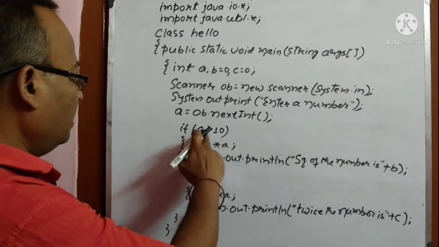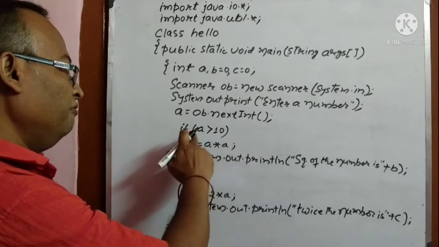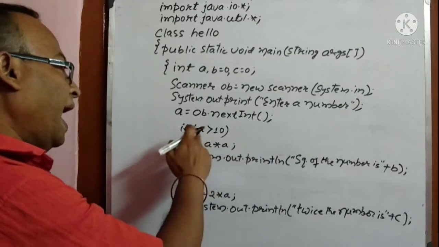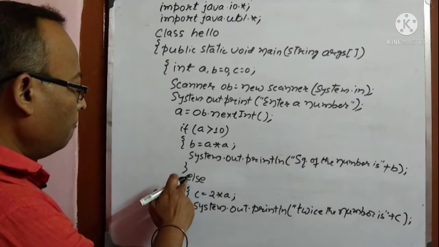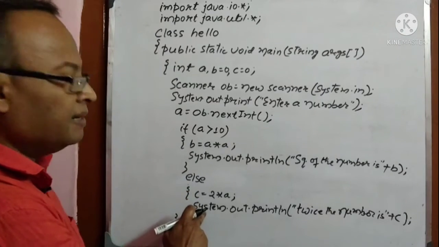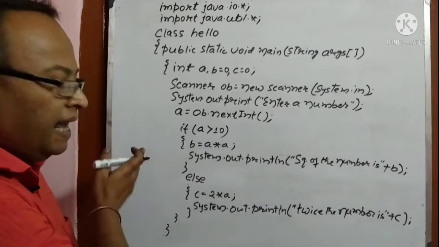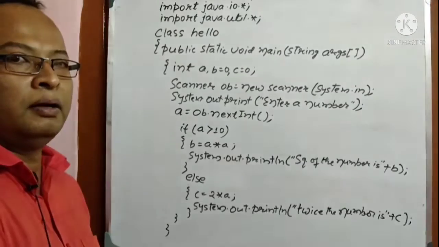So this statement is the true condition. If a greater than 10 is true, then this block will be executed, and if this becomes false, then it will come to the else part and this statement will get executed. So this is the use of if and else. Clear? We will work it out in the program.